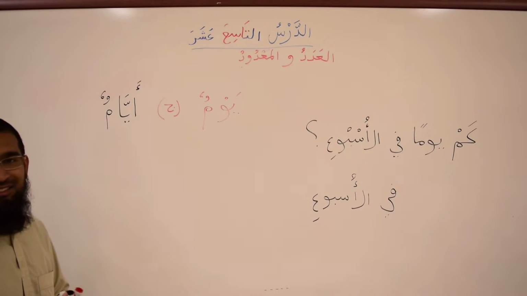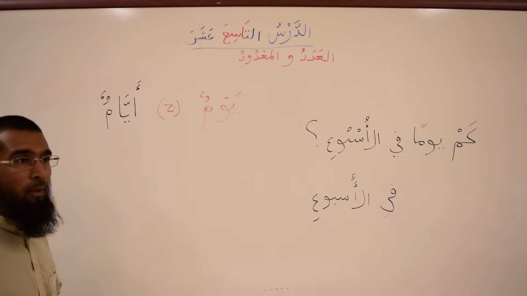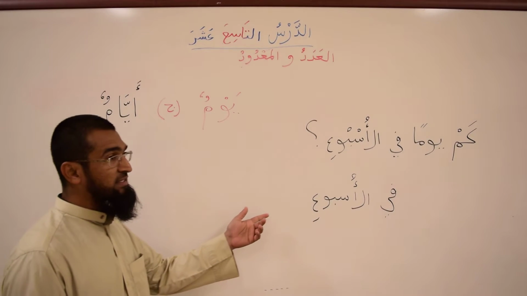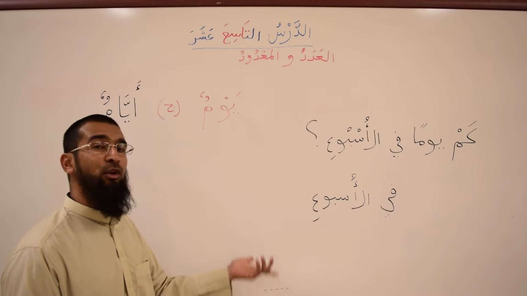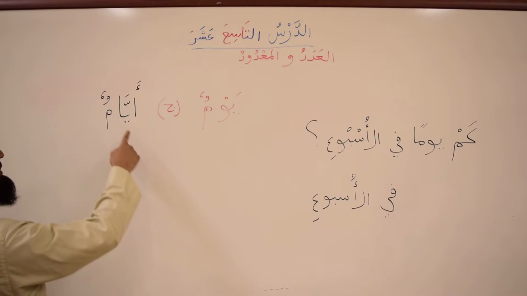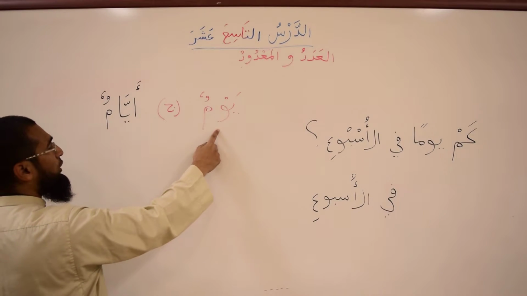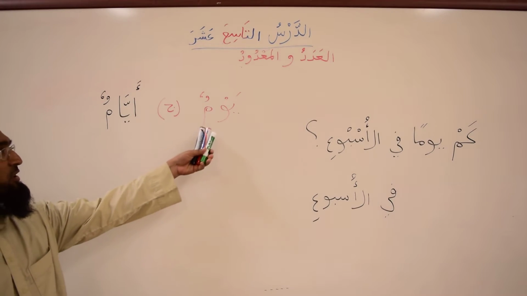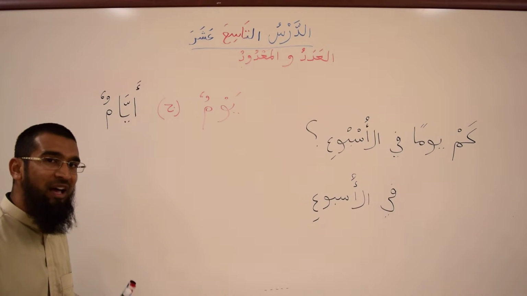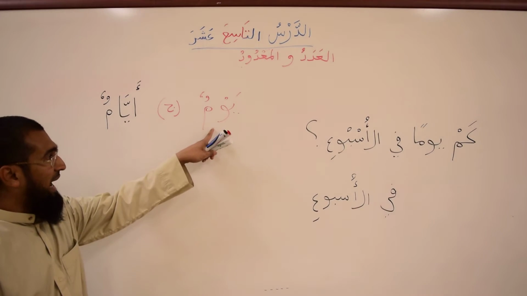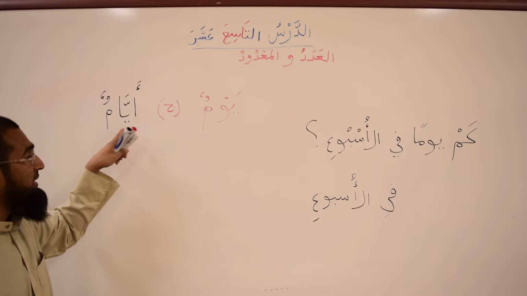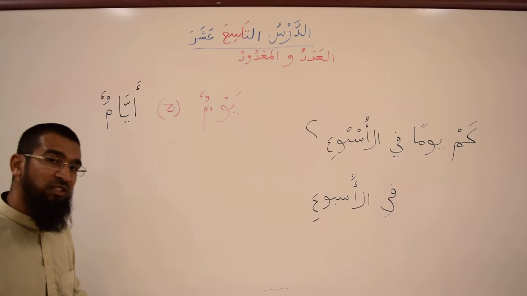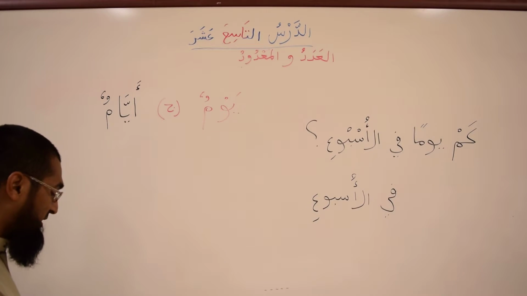So we know 7 is sab'a or sab'atu, but we're not sure if we're going to say sab'u or sab'atu. How do we figure it out? We look at the word ayyam, singular is yawm. Well, is yawm masculine or feminine? Yawm is masculine. The adad is masculine, and so the ma'adud is going to be mu'annath.